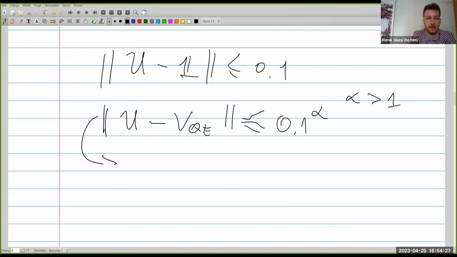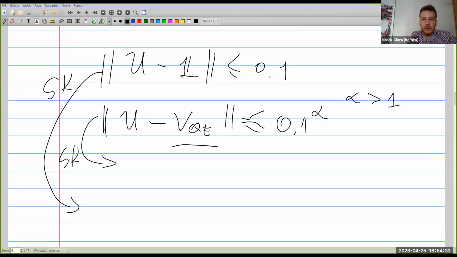And then you run Solovay-Kitaev from this, and maybe VQE found a better approximation than Solovay-Kitaev finds here, right?